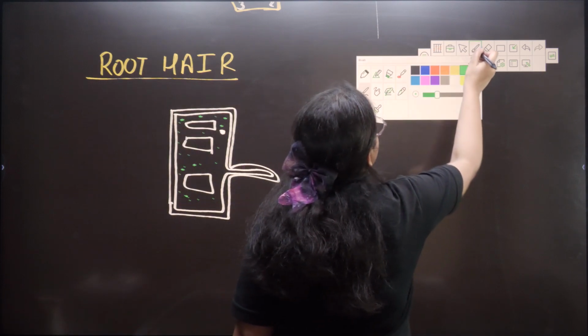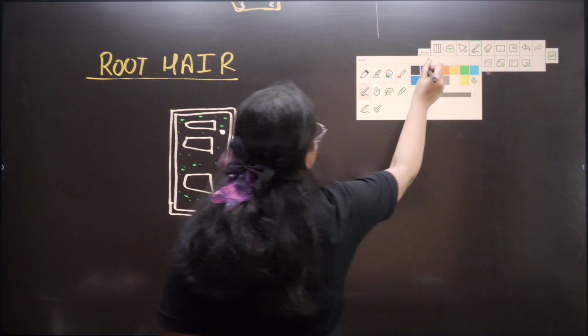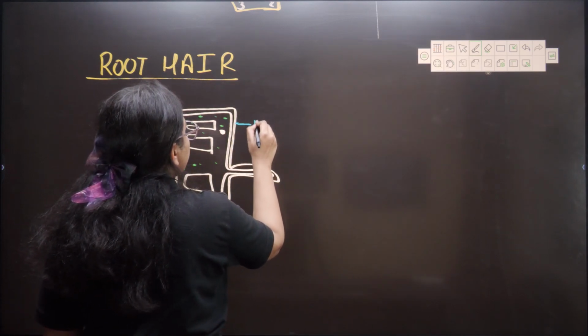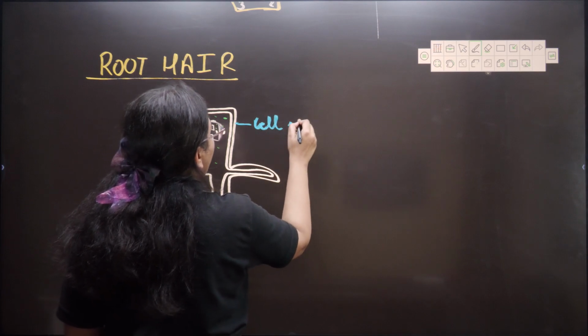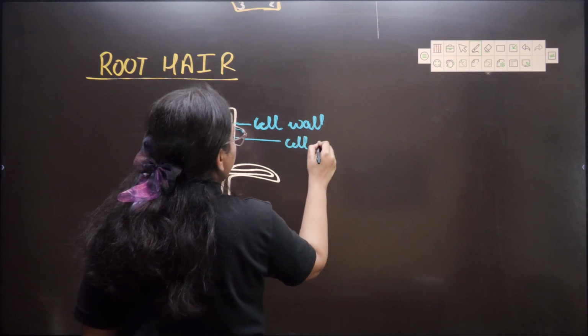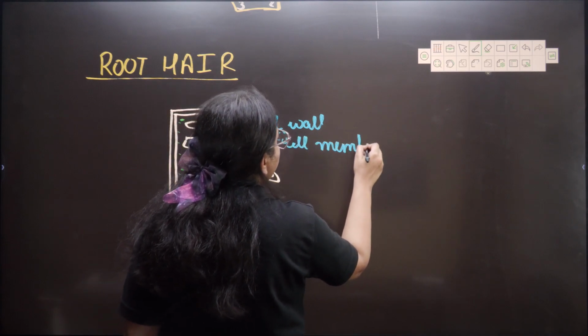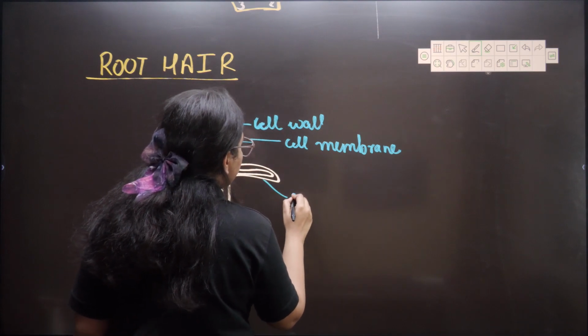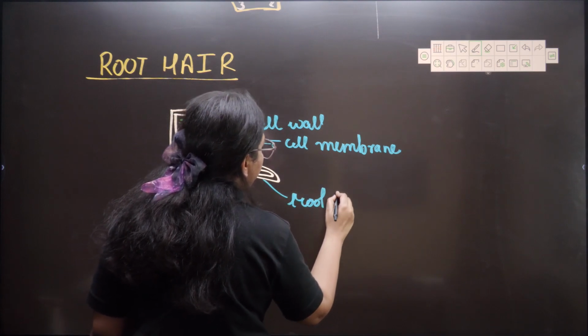Okay, now let's label it. This is done, we just need to label it. This is the cell wall. Then this is the cell membrane. Okay, this is a root hair.